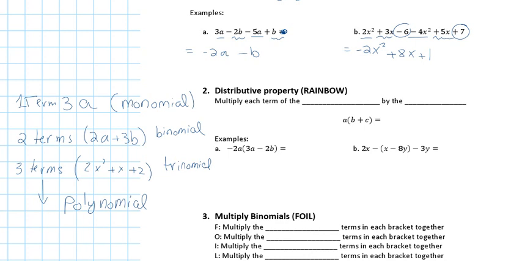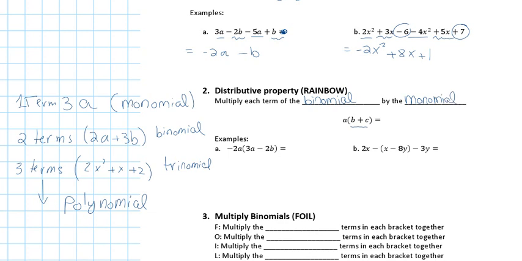Okay, so if I'm looking at distributive property, I have here, what do we call this in the bracket? How many terms do I have in the bracket? 2 terms, so what do we call that? Binomial. Okay, so I have a binomial and it's multiplied by a monomial. So what you're going to do, you're going to multiply each term of the binomial by the monomial.